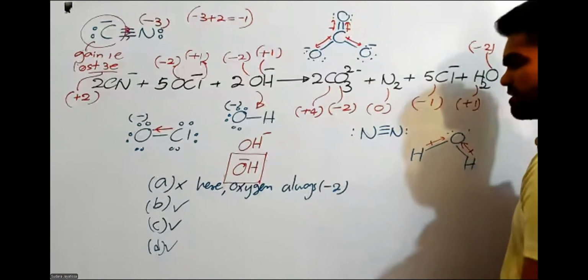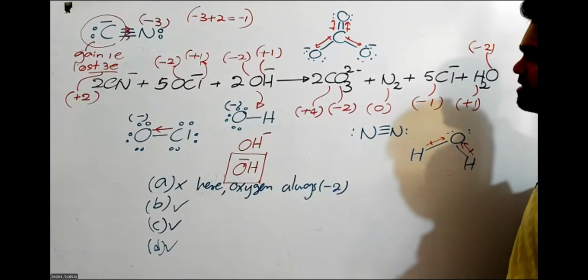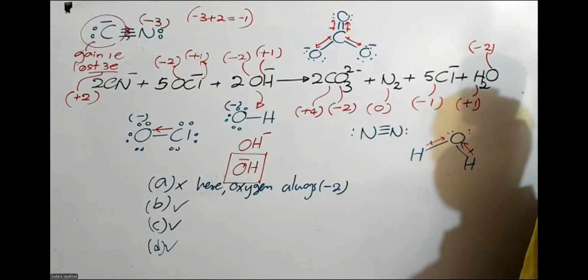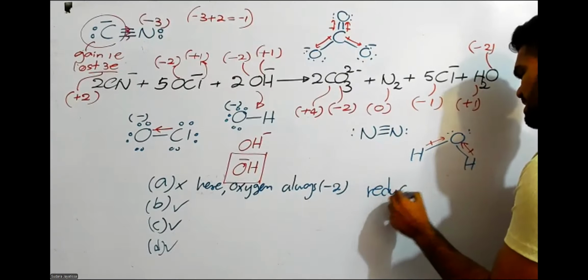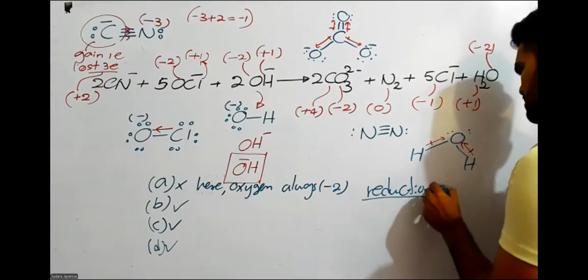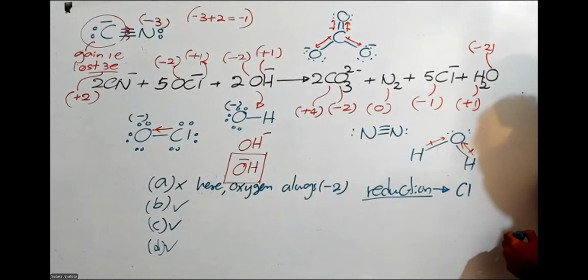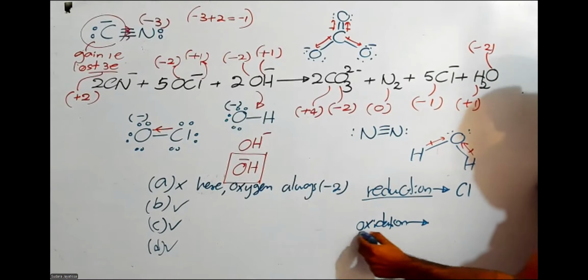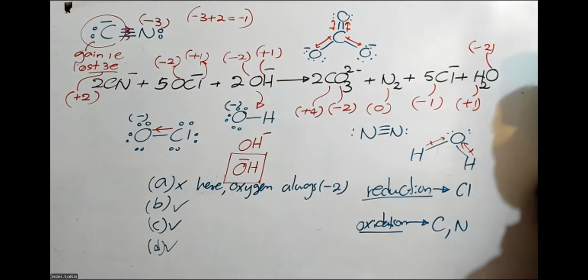Now, check this one. What are the things that have undergone reduction? Reduction has happened to chlorine. Write this one additionally. Reduction happened to chlorine, Cl, and then oxidation. Oxidation has happened to carbon and nitrogen. Nitrogen from -3 to 0.